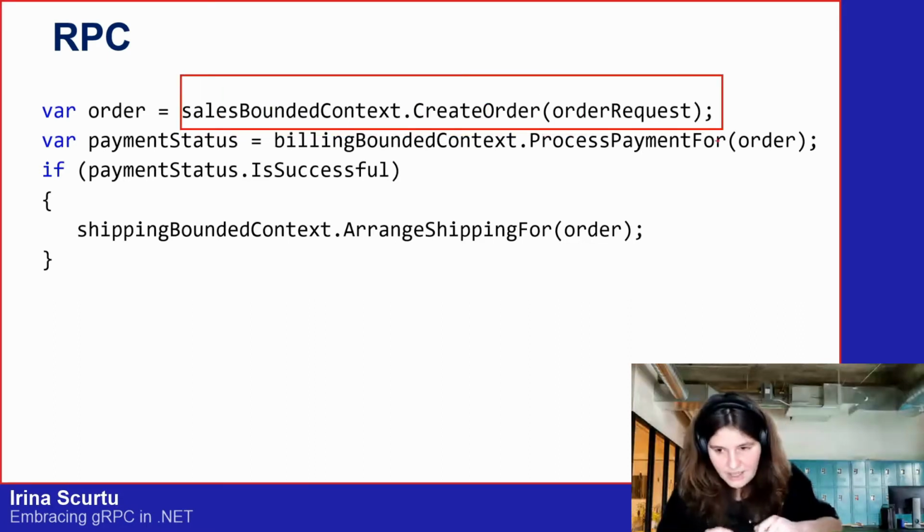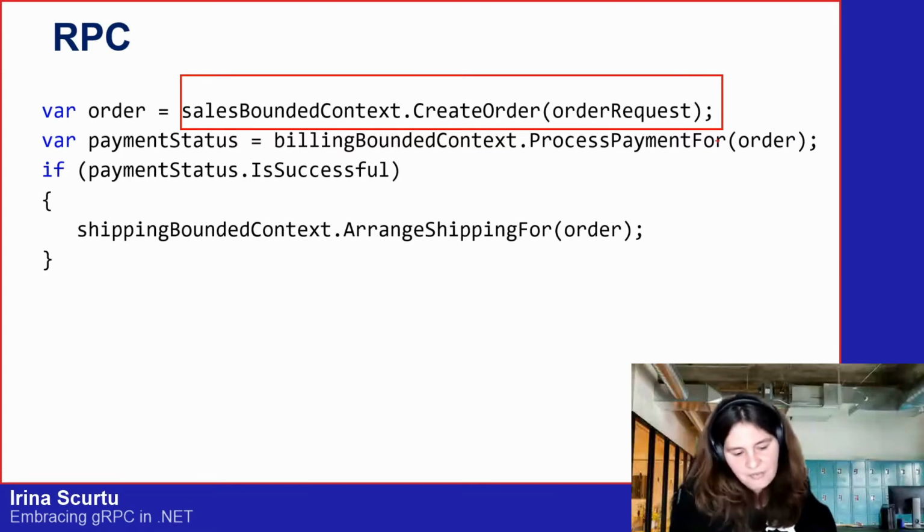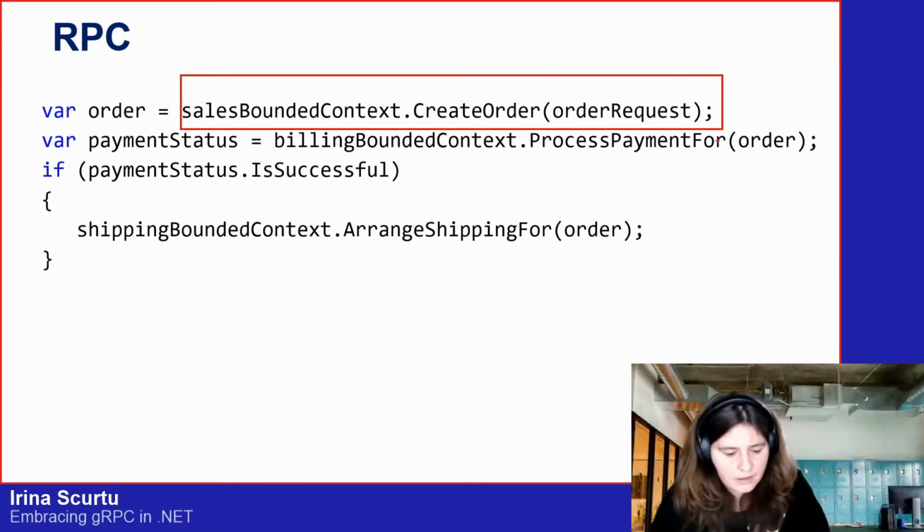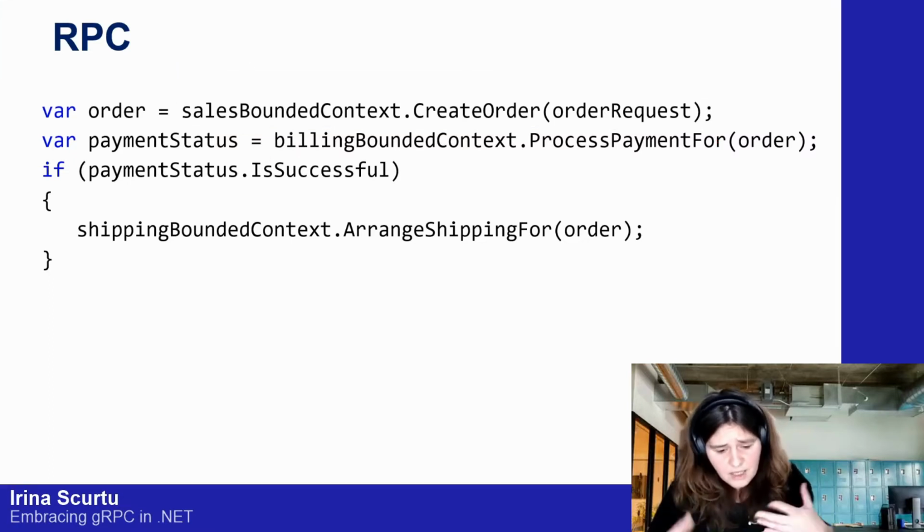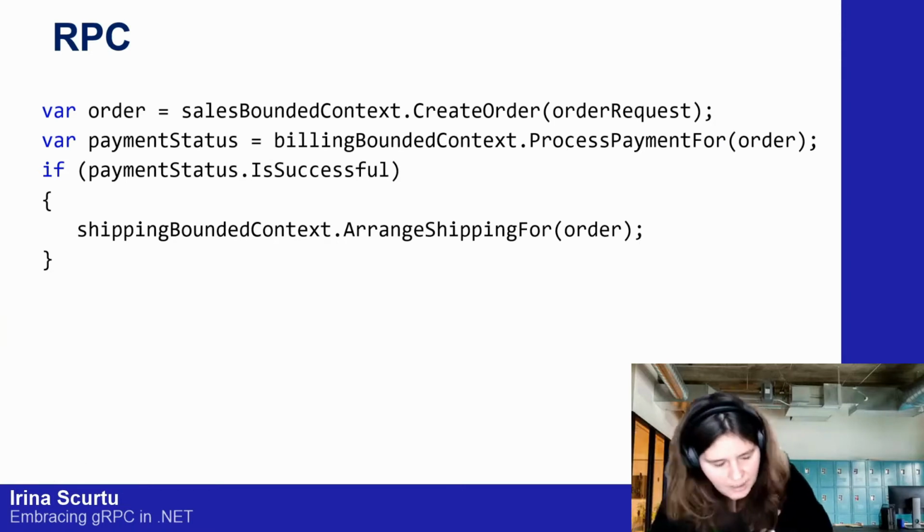stuff, because it happened to me that on Teams it is not transmitted. So I have a variable called order, and it's from a sales bounded context. It's a method call that creates an order from an order request. Below it, I have a payment status that tries to process the payment for that order.